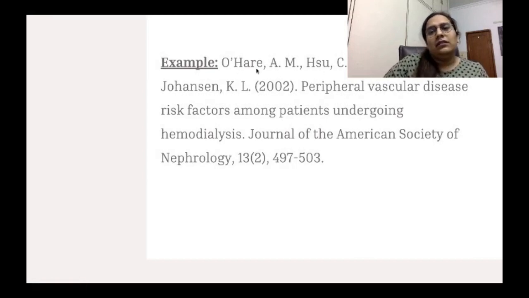The author's name and initials, the second author and their initials, the third author, the fourth author, then the year in brackets, the title of the paper, the journal name, the volume, and the page number.